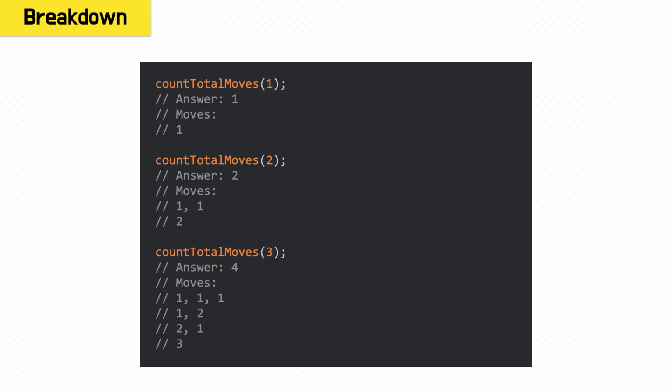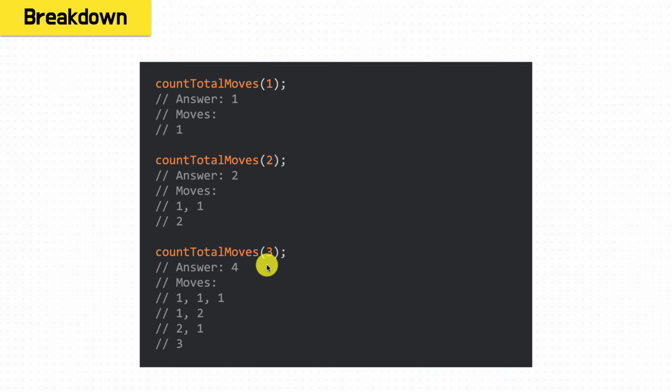So let's first look at a few simple cases to gain some intuition. With a board of length 1, it's going to take one move. There's only one possible answer. With a board of length 2, there are 2 possible ways to reach the final spot. We can go 1, 1, or just 2.